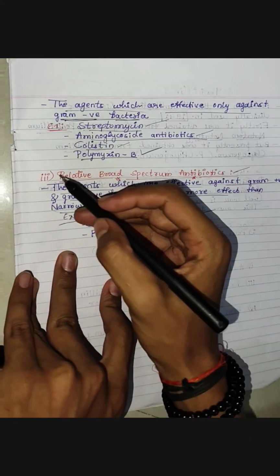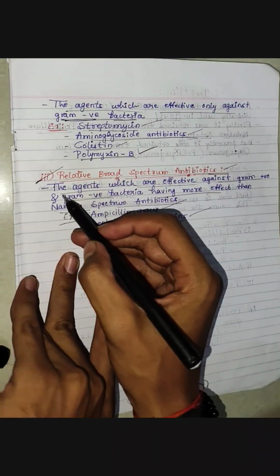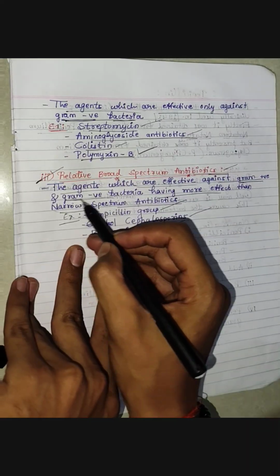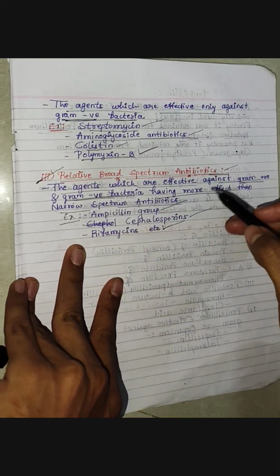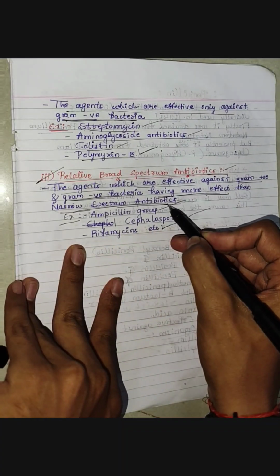Now the last, relative broad spectrum antibiotics: the agents which are effective against gram positive and gram negative bacteria but having more effect than narrow spectrum antibiotics.